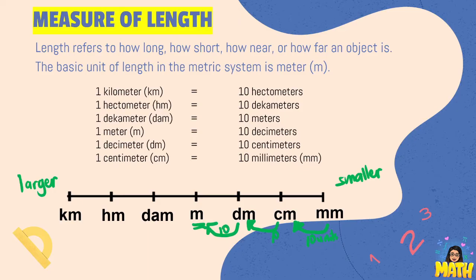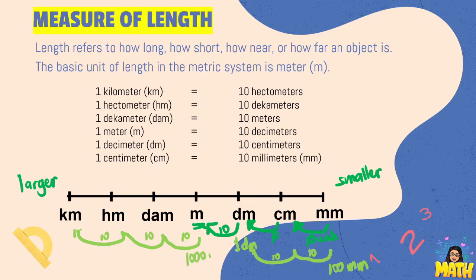Or another way to approach that, we can have 10 times 10, that's 100. That means 100 millimeters is equal to 1 decimeter. Another 10 times 10 times 10 is 1,000. That means 1,000 meters is equal to 1 kilometer. So, ayun ang ibig sabihin ng base of 10.